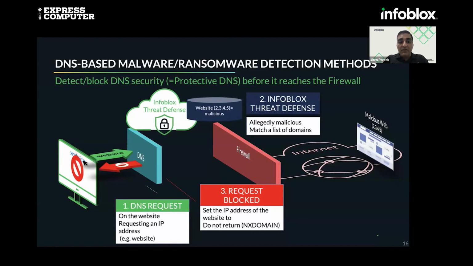Because when any organization or any user accesses an application, the first query goes to the DNS, and that is called the first line of defense. If the DNS is intelligent enough, with security in place, it will automatically detect malicious domains that match the list of malicious domains, IPs, C&C, ransomware, anything.